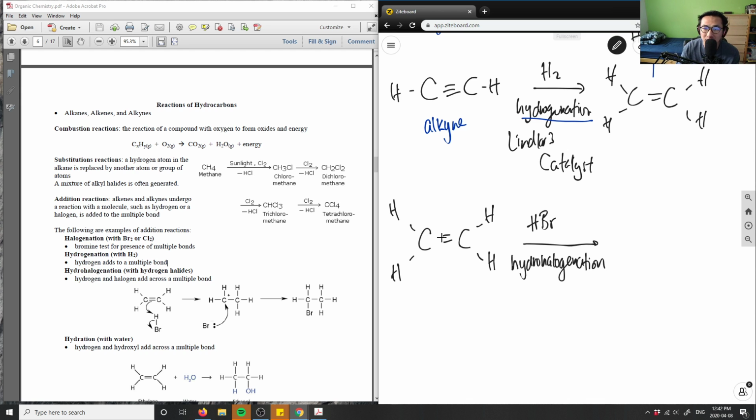What this does is it adds the H and the Br across a double bond or across a triple bond. In this case, it's a double bond. So one H is going to add here, and one Br is going to add to my second carbon. So I'm breaking my double bond to make a single bond. This H would go to this first one here, and this one would contain my bromine, right? So that's hydrohalogenation.